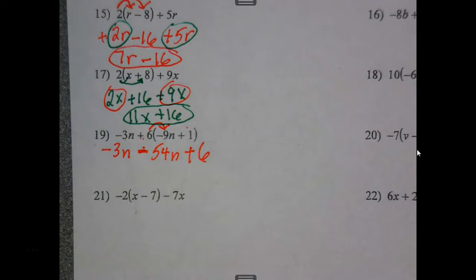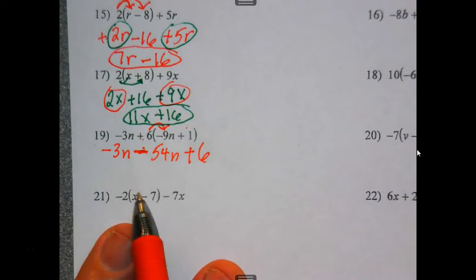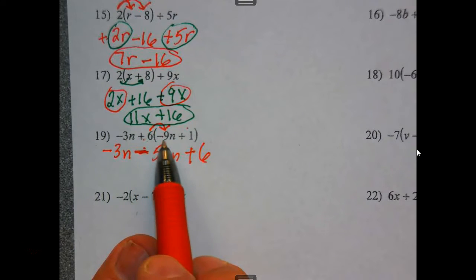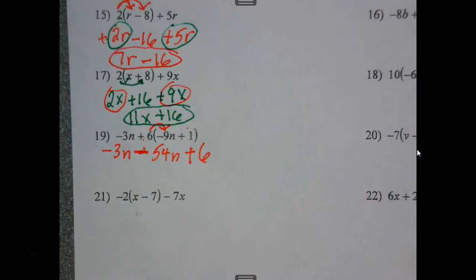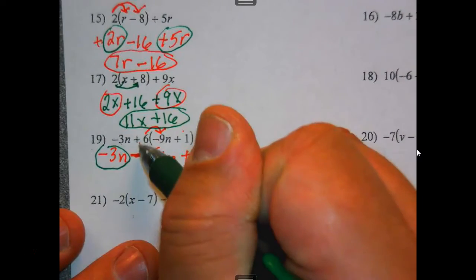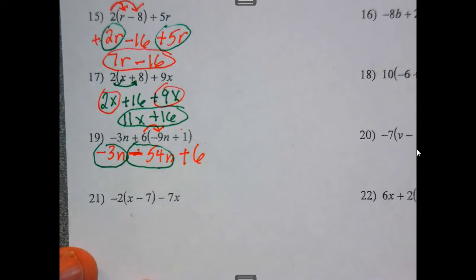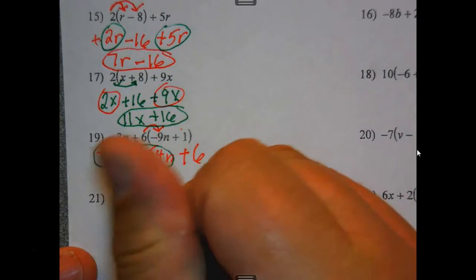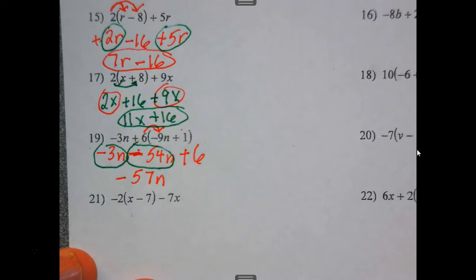Combine it. No, this is a minus, because I have a positive 6 and a negative 9. Yes, add the n's together. Negative 3n, negative 54n, negative 57n. And it's a negative.